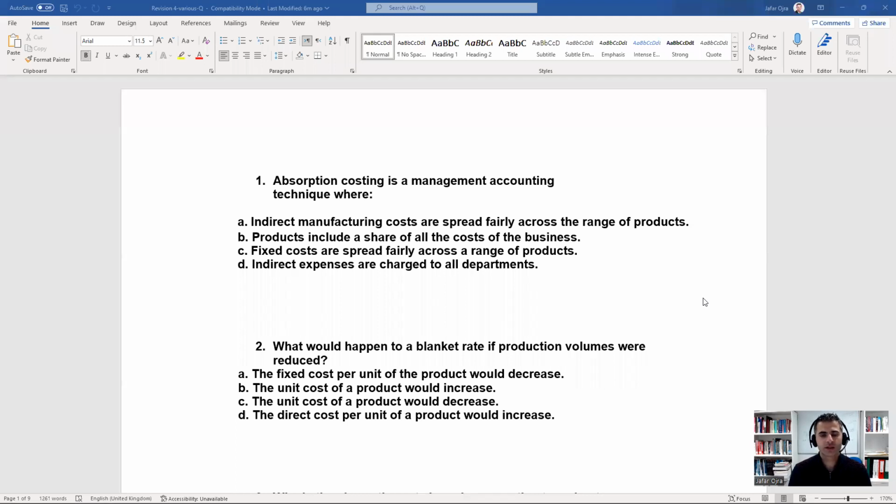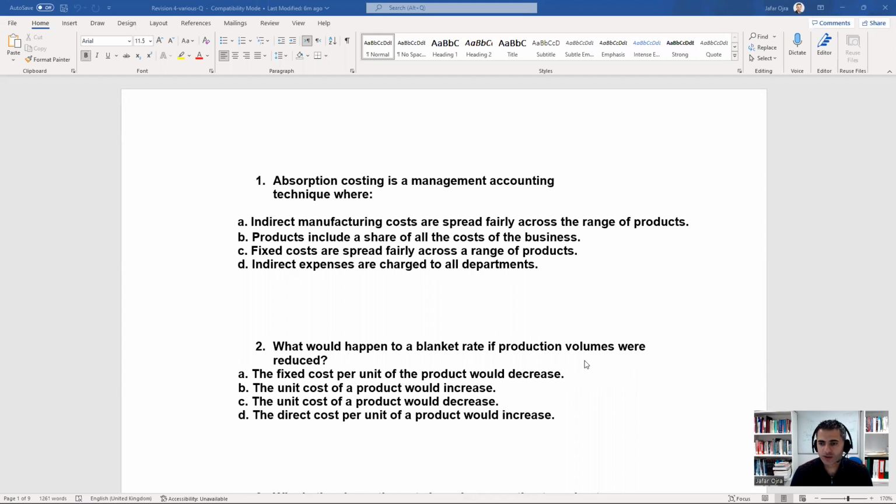Now let's move to a few other multiple choice questions on various topics in management accounting, mainly overhead allocation and ABC. Let's start with question number 1.